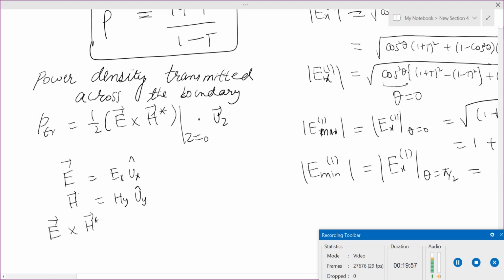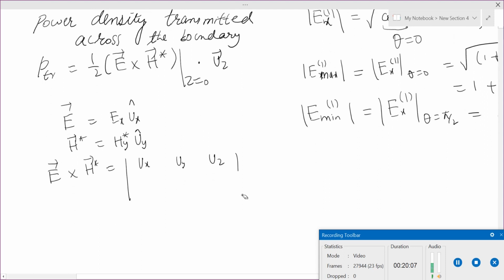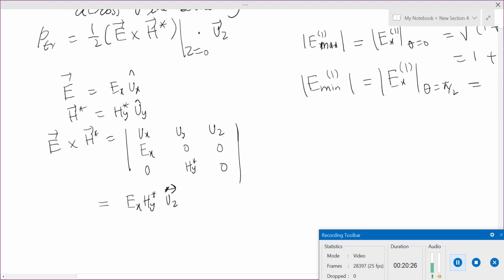Now I will write H star directly, that is the conjugate, we'll take the conjugate later: Ux, Uy, Uz. As you can see, the Ux part is 0, the Uy part is 0, so it will be equal to Ex Hy conjugate Uz.